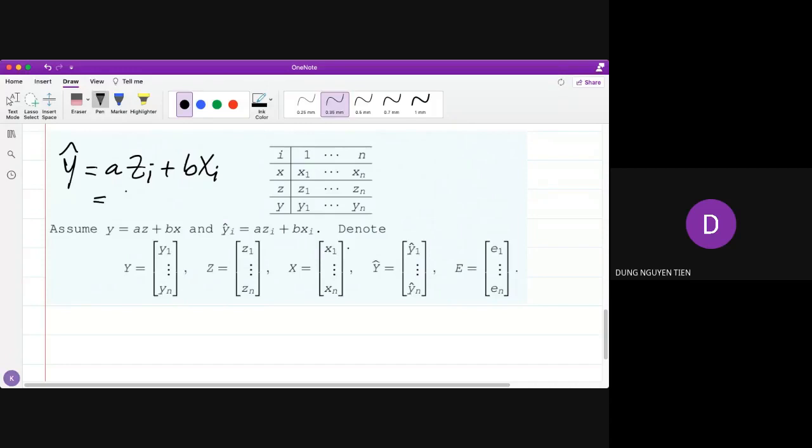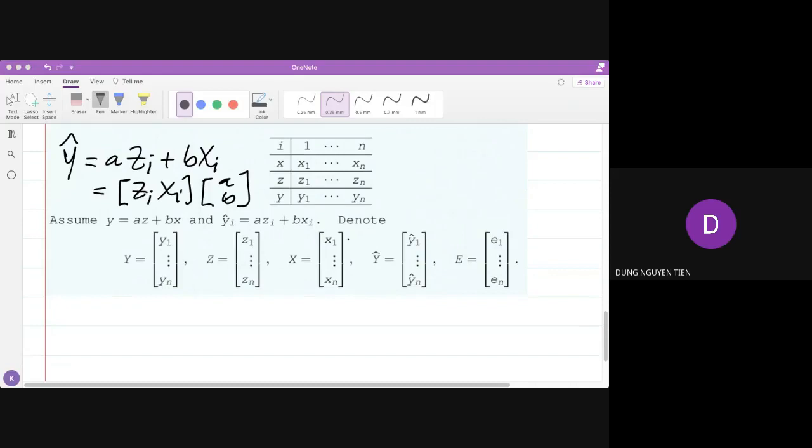Or you may say it is the matrix with columns zi, xi times the vector (a, b), correct? So you can get the following expressions.